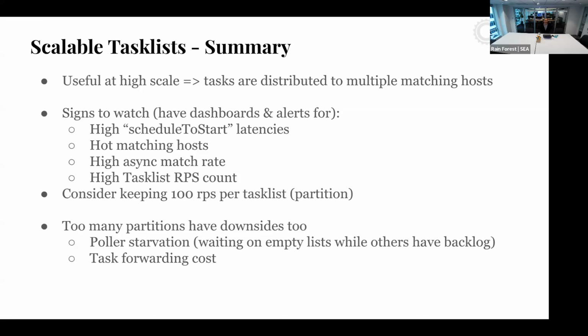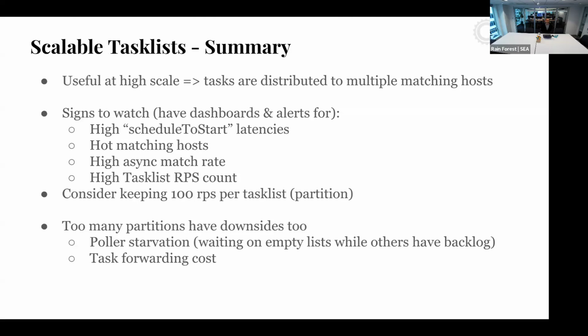If you see high async match: sync match is more like an in-memory match. That means that we have a healthy poller to matching resources ratio. When those things are not healthy, more of the matches are going to be async, meaning we need to go back to Cassandra, read those tasks, and then dispatch to the user.